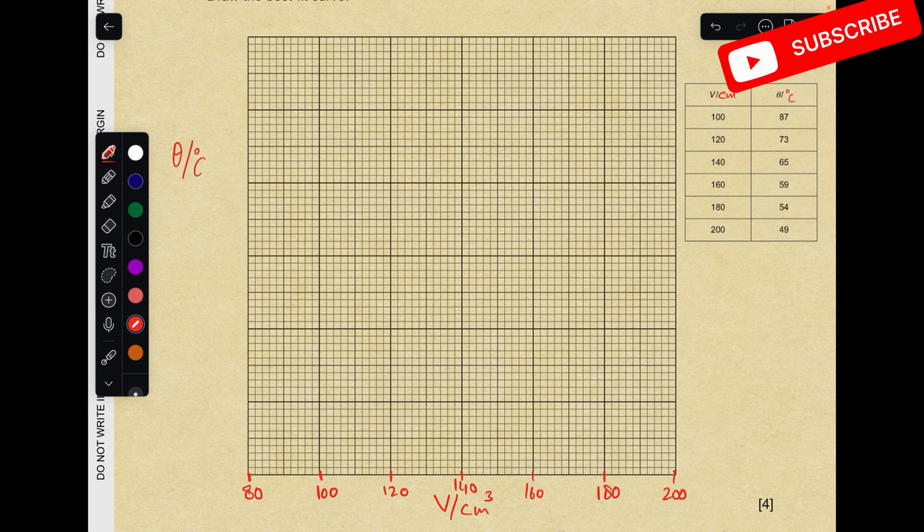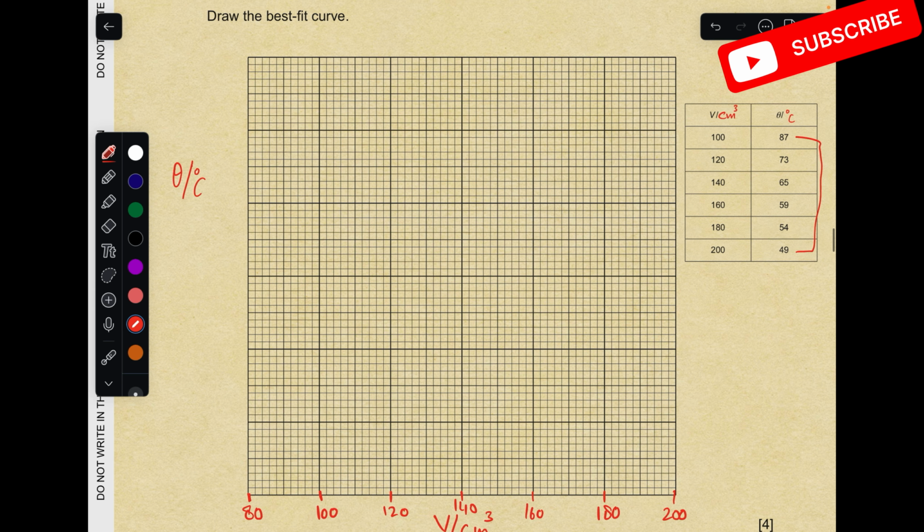So don't take the scaling in fraction form. It should not be like 107, 123. Choose the easy scaling, that is in whole numbers. Now for the y-axis we have readings from 49 till 87. This is the range. How many boxes do we have? One, two, three, four, five, six.